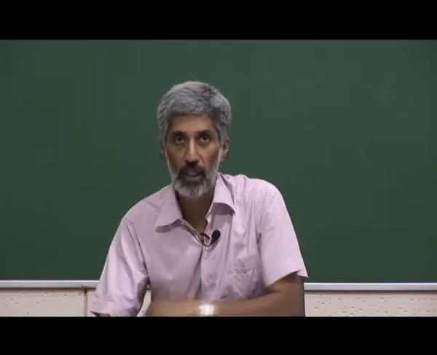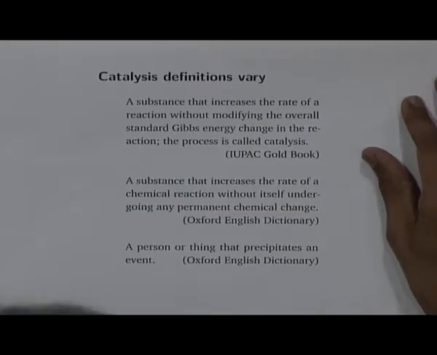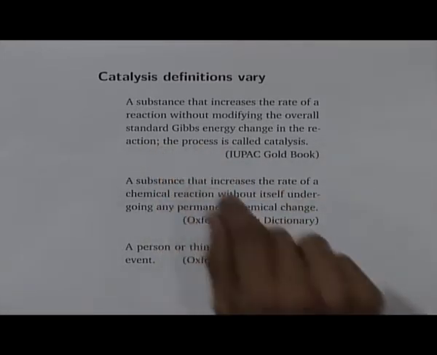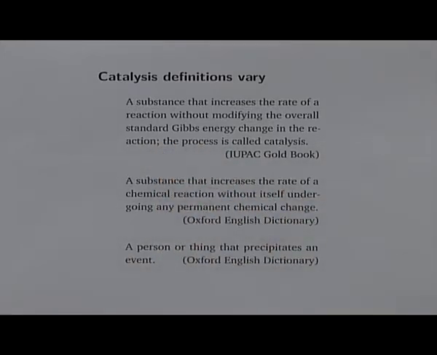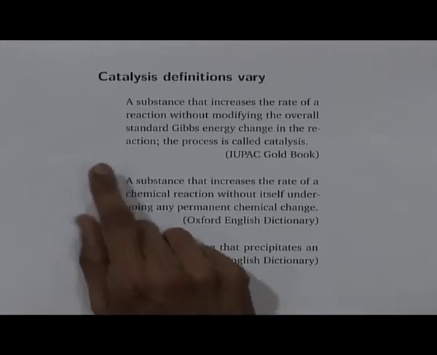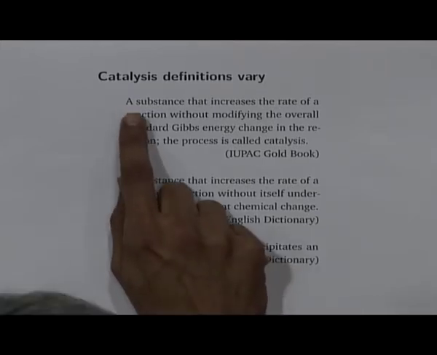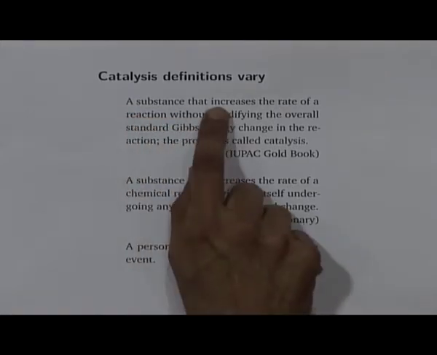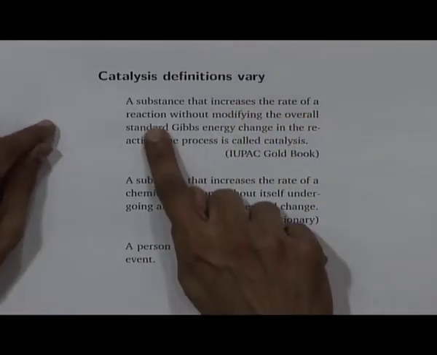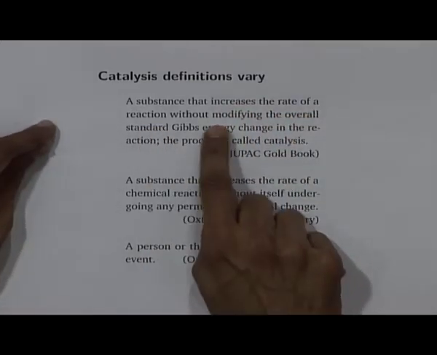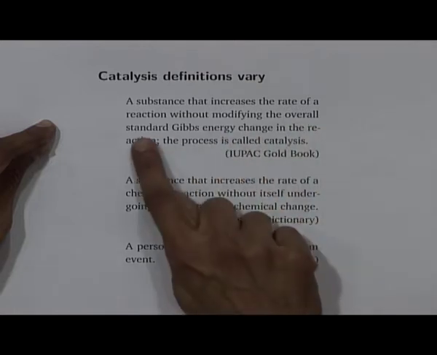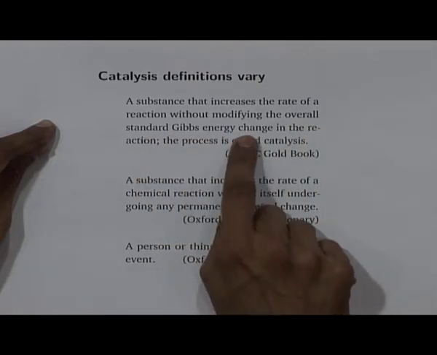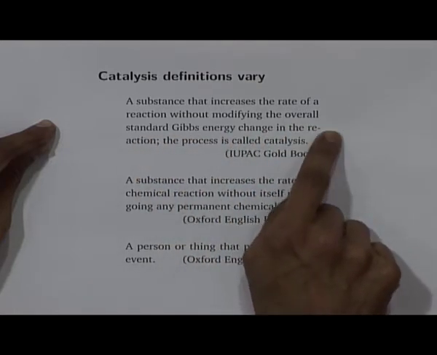So, this is now the accepted definition of catalysis, and it says in the IUPAC Gold Book, which defines most of these things, a catalyst is defined as a substance that increases the rate of a reaction without modifying the overall standard Gibbs energy change in the reaction.